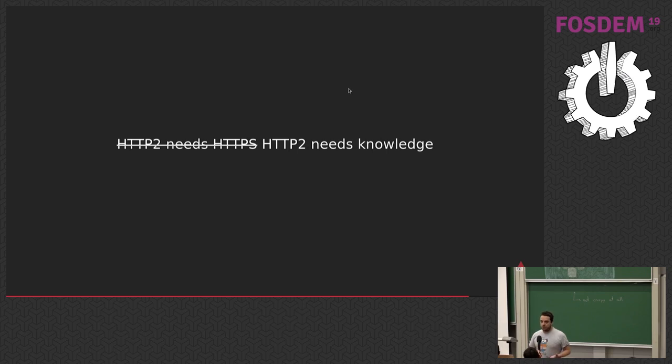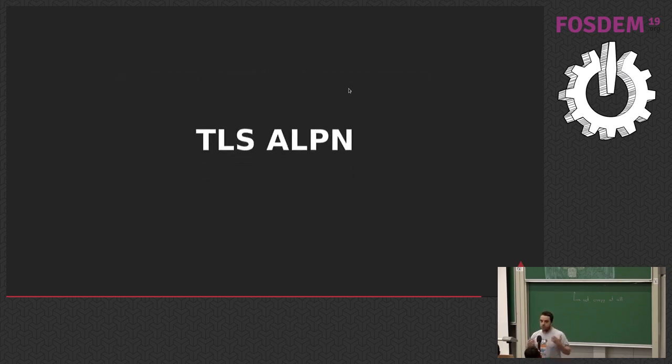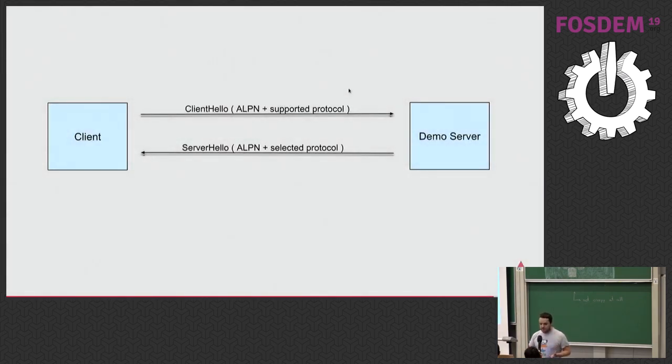But if you don't know, the simple way to find out is to use TLS ALPN. How does it work? When you do the TLS handshake, you send the client hello with the protocols you support. The client says, I can do HTTP1, I can do HTTP2, and then the server chooses which protocol to use, and returns this in the server hello, in the selected protocol.